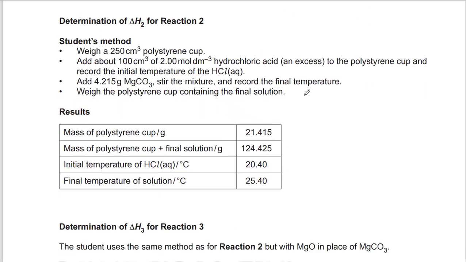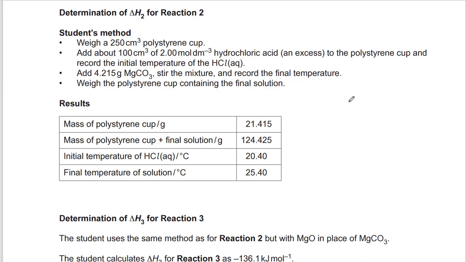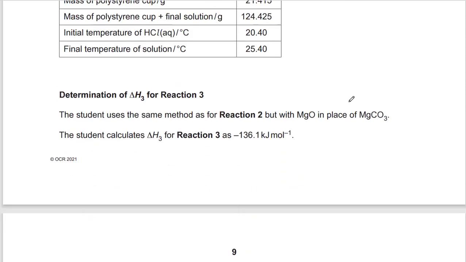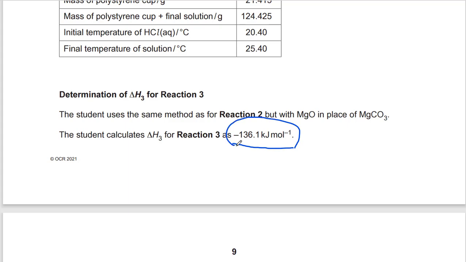So to work out the delta H for reaction 2, they've taken a polystyrene cup, they've added 100 of hydrochloric acid, and they've added 4.215 grams of magnesium carbonate, and then you've got the final solution. They've weighed everything, and they've got some results. For reaction 3, they've actually done it for you, and they've already worked out that the delta H is minus 136.1. So that's actually already done for us.